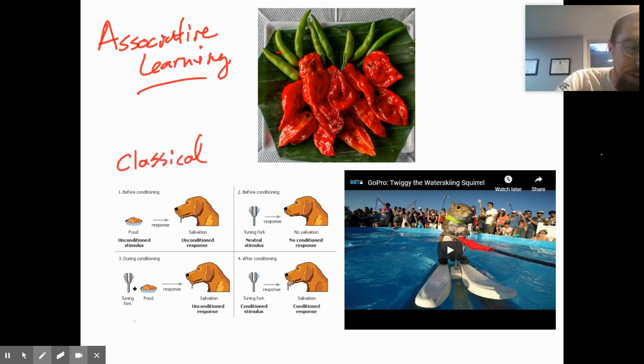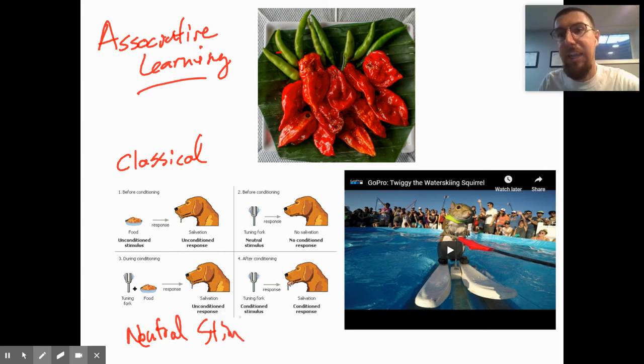And classical conditioning occurs where a neutral stimulus is attached to some kind of behavior and response. So in Pavlov's dog's experiment, which AP Psych people will know very well, what Pavlov did was every time he fed the dog, right? So in normal practice, Pavlov would feed the dog, the dog would salivate and eat the food.